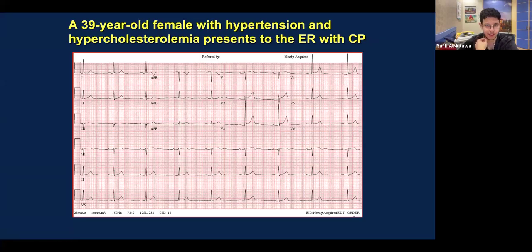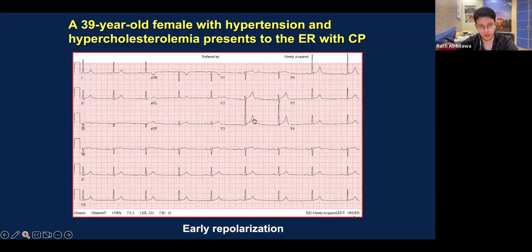What about this? Let's see. What do you guys think? All right, so this is an early repolarization, similar to the one we saw before.